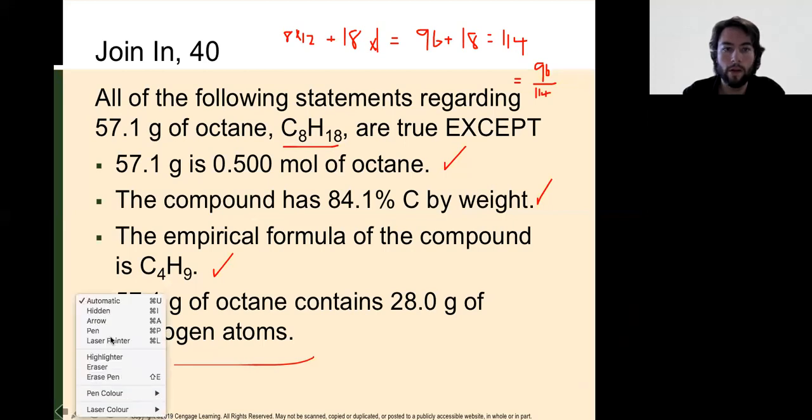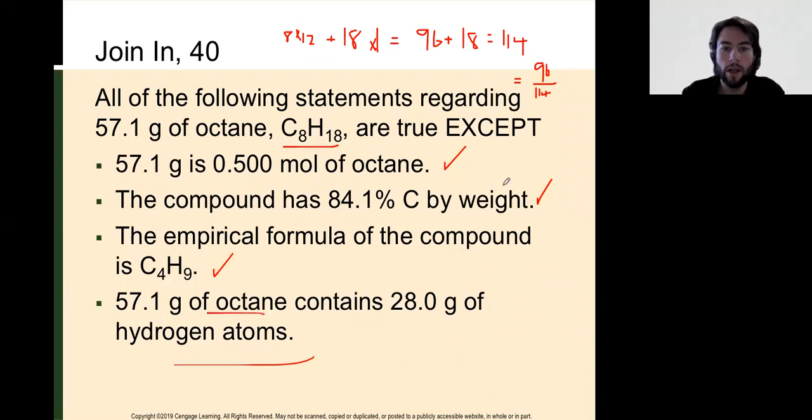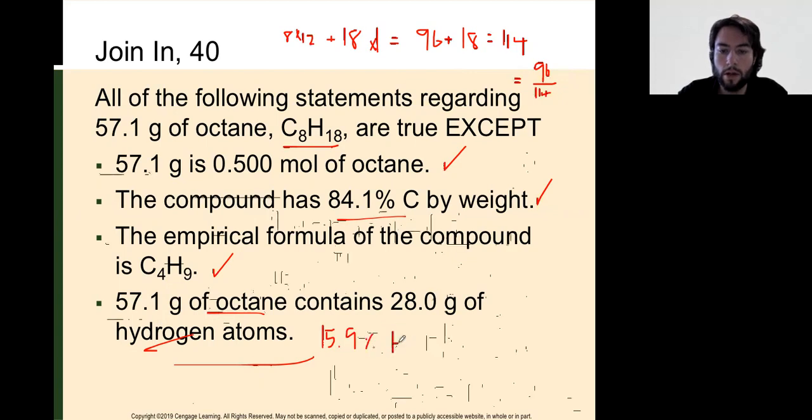So what we have here is we're going to have to think about what percentage of octane is actually hydrogen. Earlier we had 84.1% is carbon, so that means that 15.9% is hydrogen. So we're going to have 57.1 times 15.9%.